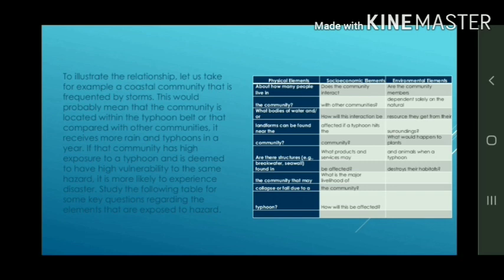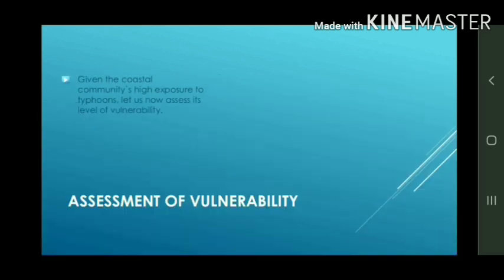The given table also illustrates the availability of every element based on a given place and situation. So given a coastal community's high exposure to typhoons in our previous table, let us now assess its level of vulnerability.